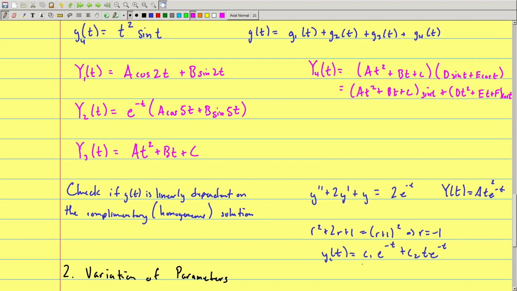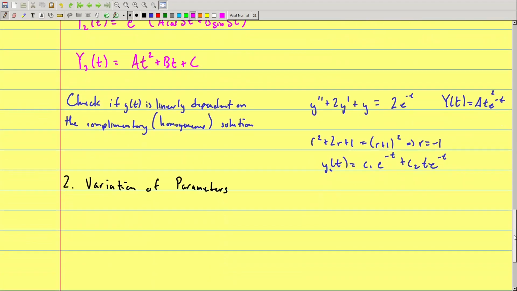It all boils down to linear dependence upon the homogeneous solution, which is why before we apply any of these methods, be it method of undetermined coefficients or variation of parameters, we need to make sure that we solve the homogeneous problem prior to stepping into these. Any questions here? Okay. All right.